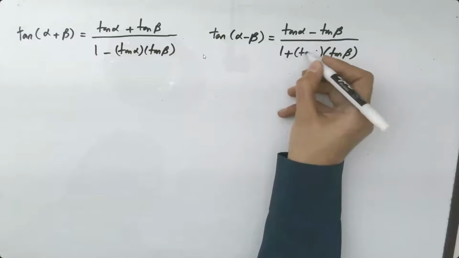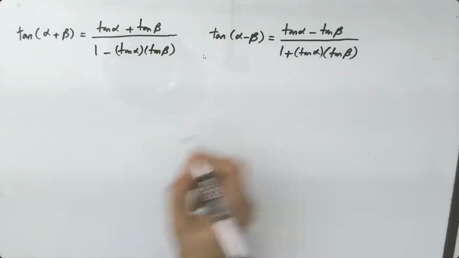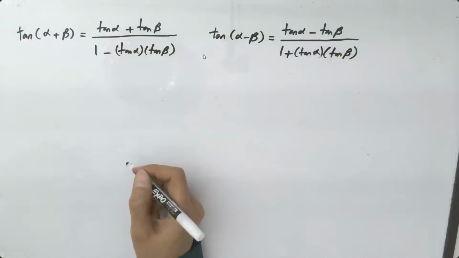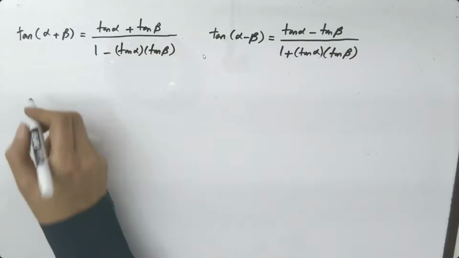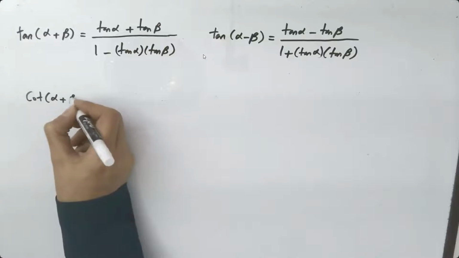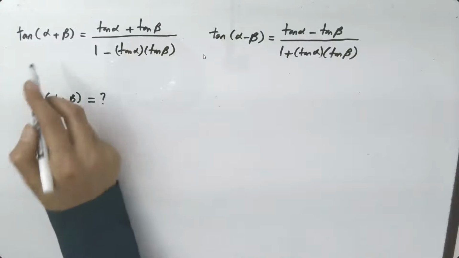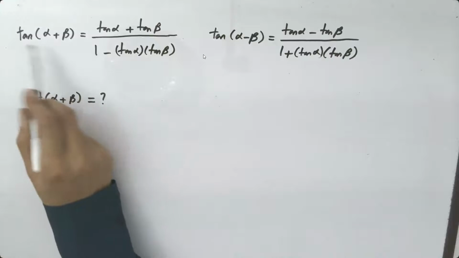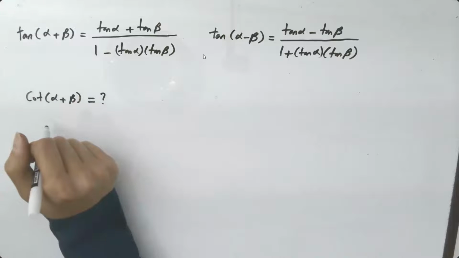What if I ask you to come up with a formula for cotangent? What is cotangent of alpha plus beta, knowing the formula for how to expand tangent of alpha plus beta?